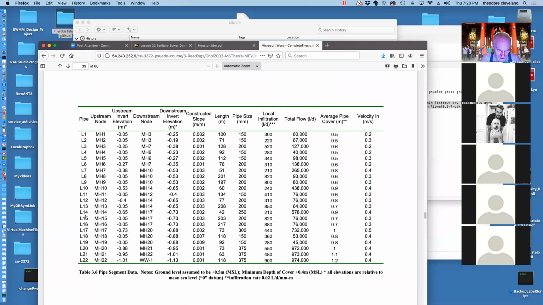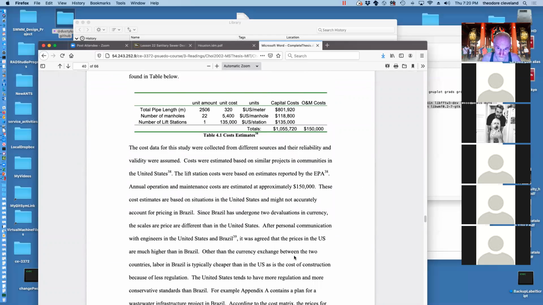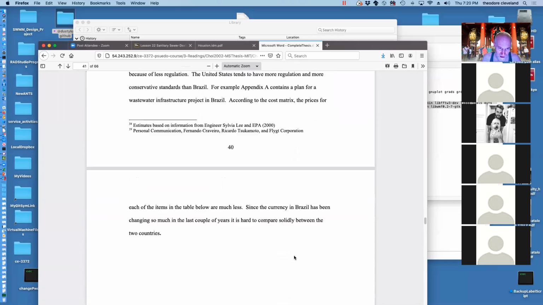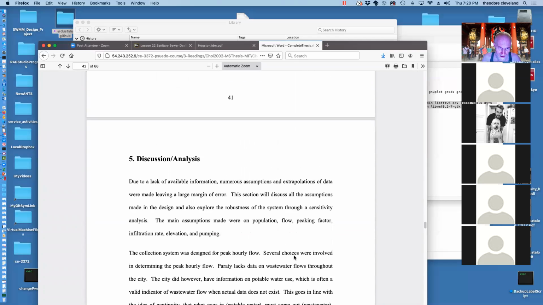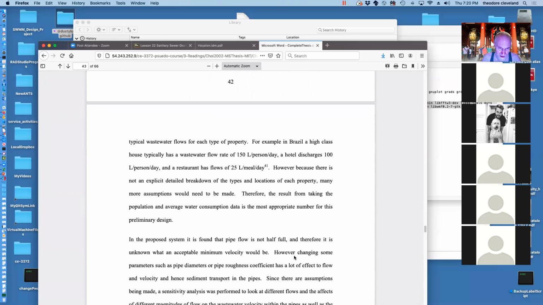There's a set of pipe lengths and the various flow rates. Cost estimate, a bit over $1 million, 150,000 a year to operate. That's not bad. And then the discussion and analysis.